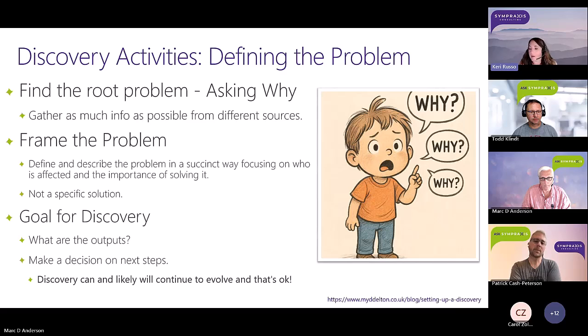So for the example of our intranet upgrade, this could be a stakeholder saying that our intranet is outdated or it's hard to find information. And so it's not just ask why, but frame it such that, well, why do you say that? Well, users are finding it really difficult to find things.